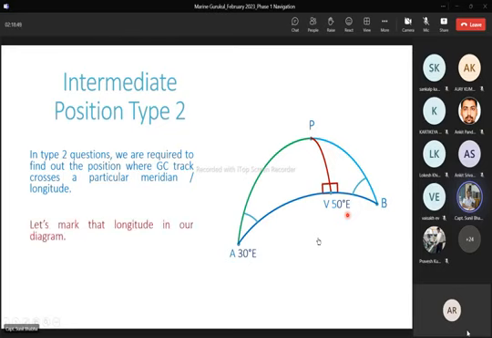Now this question tells us that we need to find out the position where the great circle track crosses this particular meridian. This is 40 degree east meridian.